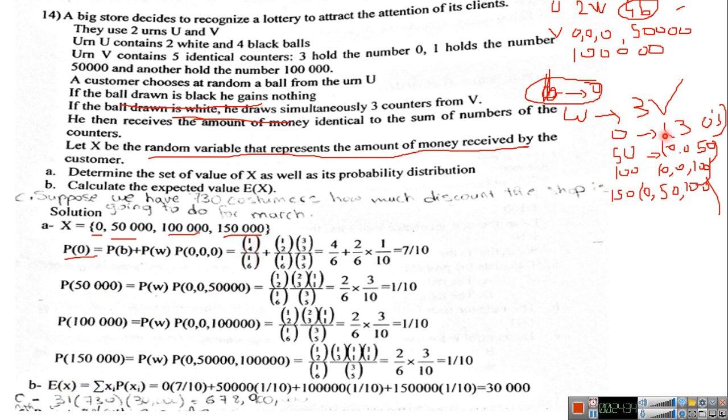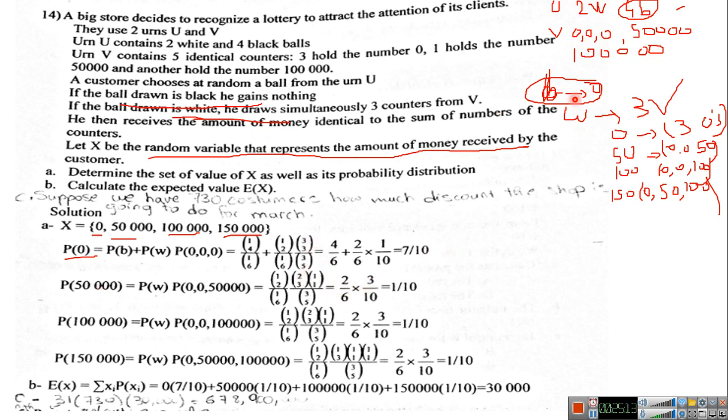Or he gets a white, probability of white, times, knowing from urn V, getting 3 zeros. Probability of black, we said it's 4 out of 6, plus drawing a white is 2 out of 6 times, independent because I want to draw from the other urn, 3 zeros. How many zeros do I have? 3. 3 out of 3 over 3 out of 5, you have 7 over 10.